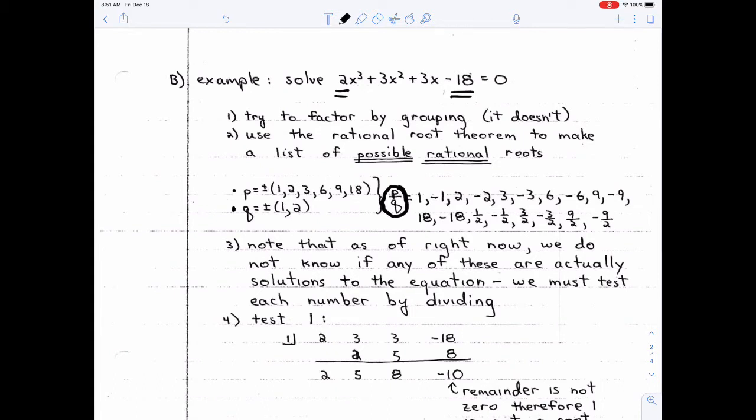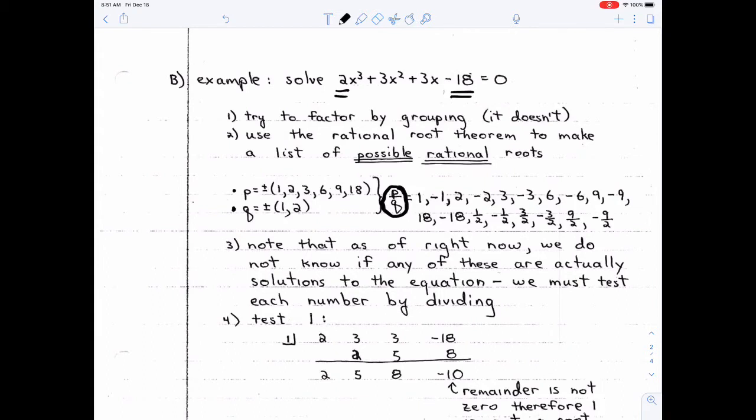If you're not dividing, you're not doing what you need to do. So we just go through one number at a time until we get a remainder of 0. Don't go through all of them unless you have to. As soon as you get one that works, you write divisor times quotient.